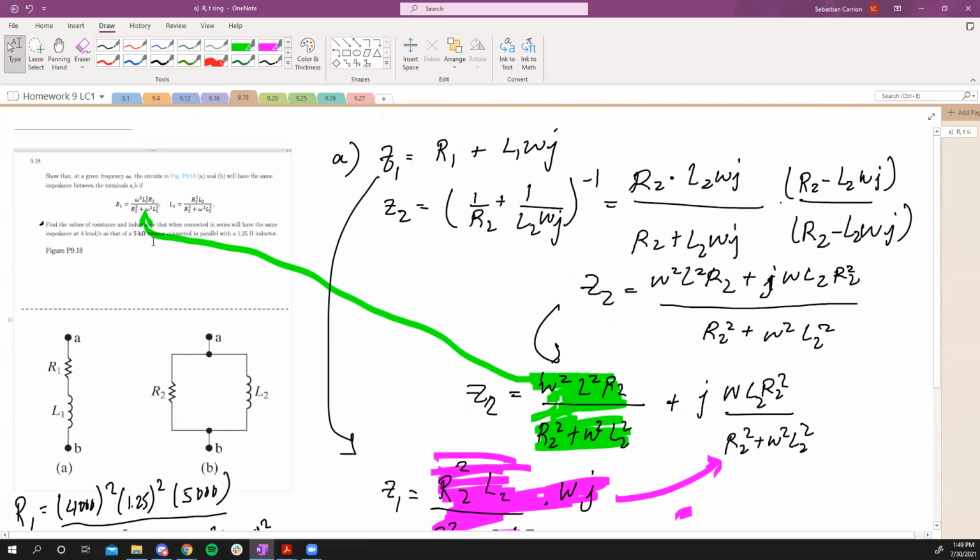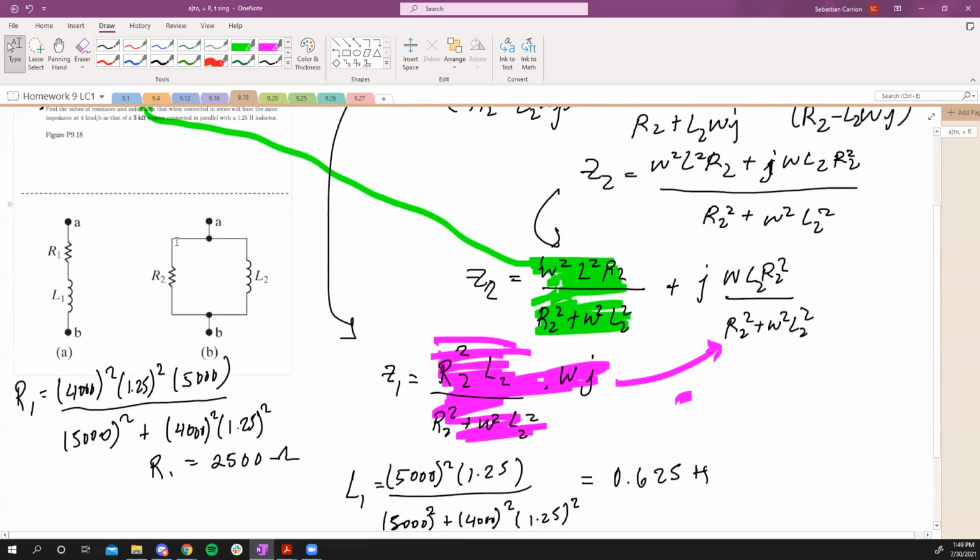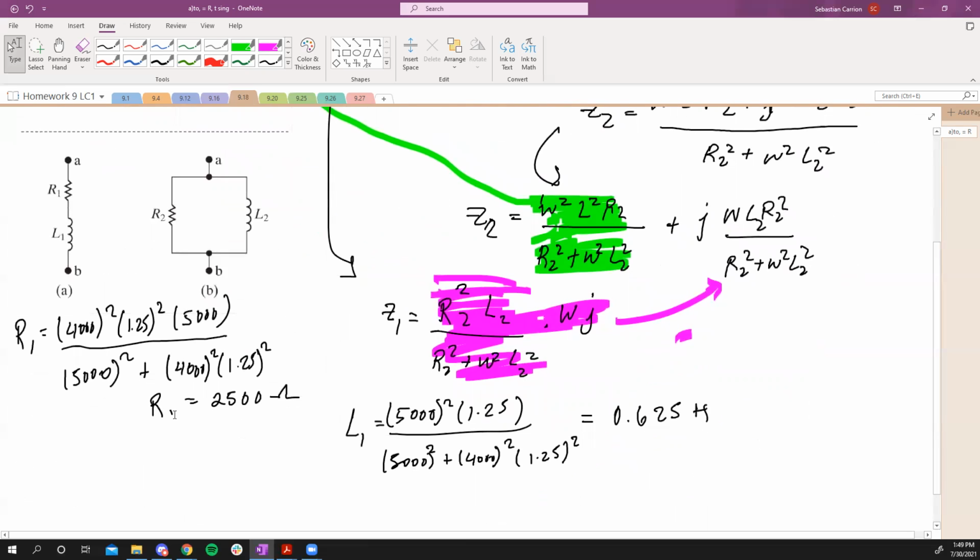So this right here concludes that R1 is 2,500 ohms, and our L1, our inductance, is 0.625 Henry.